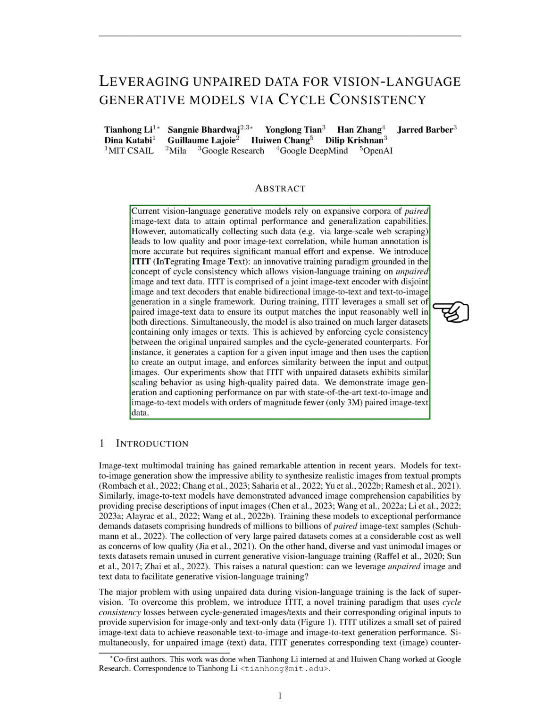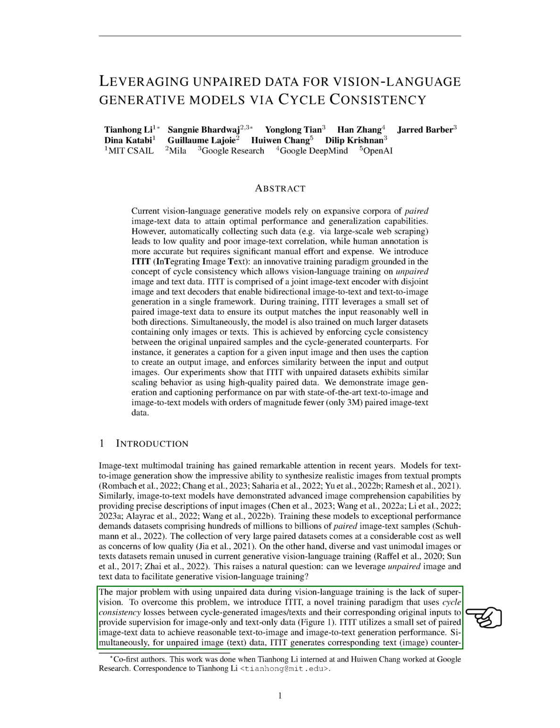The main challenge with using unpaired data is the lack of supervision. To address this, we propose a new training approach called ITIT. This method uses a cycle consistency loss between cycle-generated images, texts, and their original inputs to supervise image-only and text-only data. ITIT uses a small set of paired image-text data to achieve reasonable performance in generating text from images and vice versa.